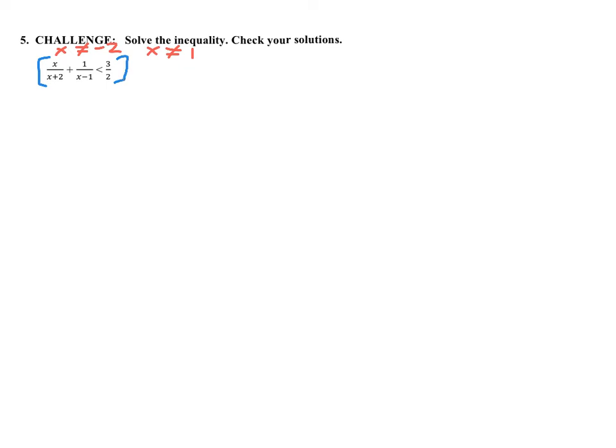So our LCD is going to be 2. Then we also need an x plus 2 and an x minus 1. In the first fraction, x plus 2 cancels out. So we're left with x times 2 times x minus 1.